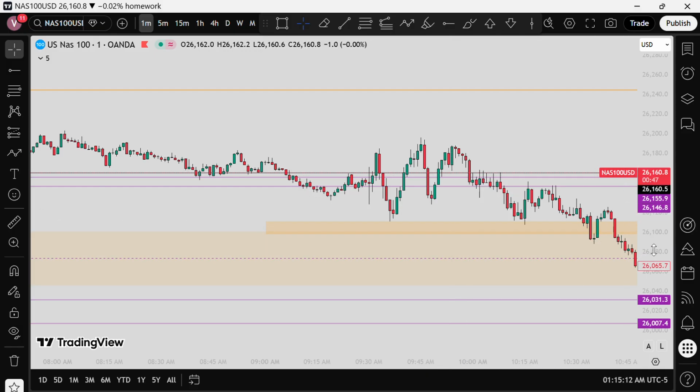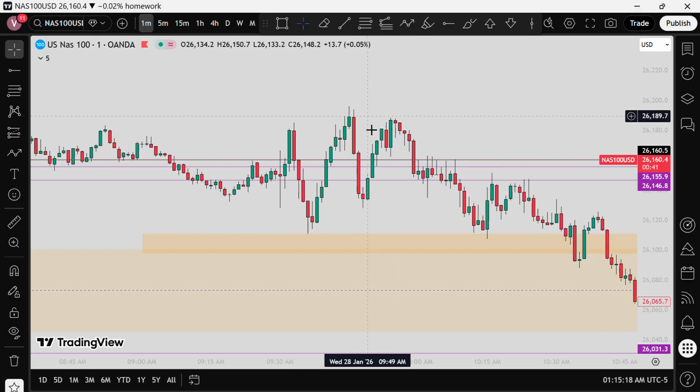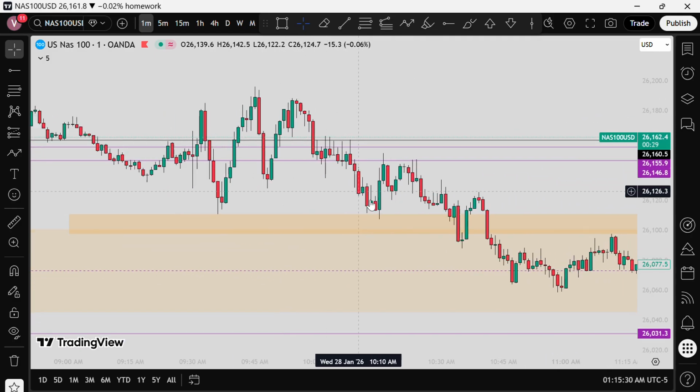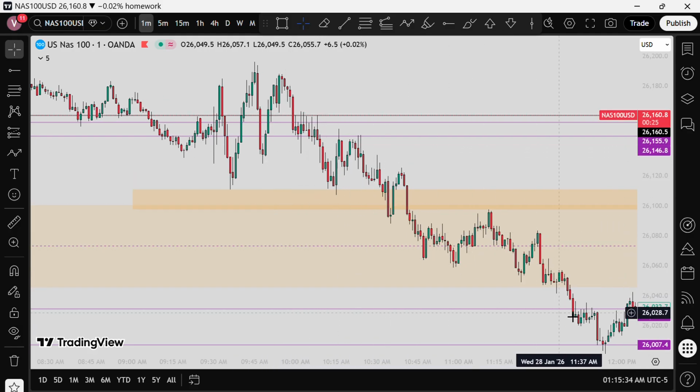At the very beginning of our 9:30 opening bell, we have this, what do we call this? There's this word whipsaw, both up and down, and then price went towards a stable downside move.